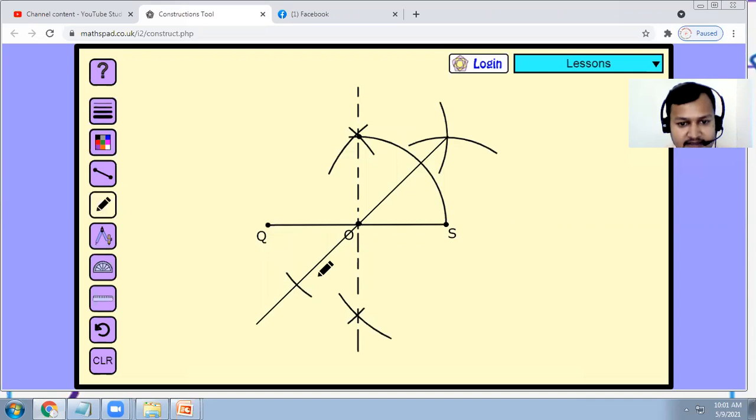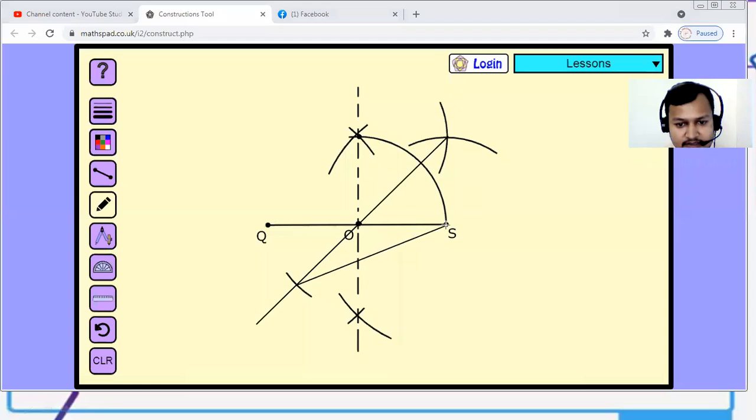Is this clear? Half of 7 is 3.5, 3.5 upward and 3.5 downward. Now join the line segments. Join these points like this. Then we will get the rectangle.